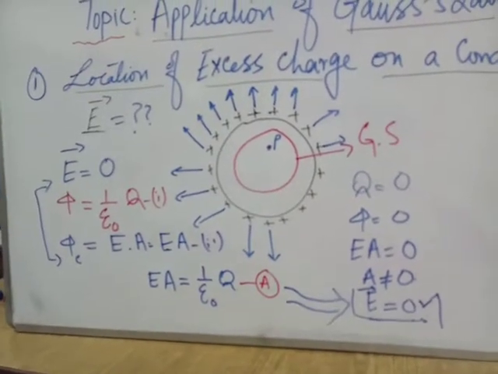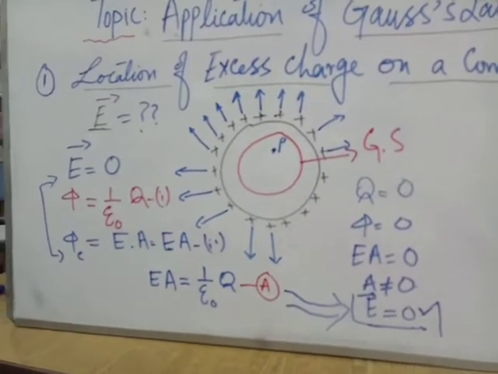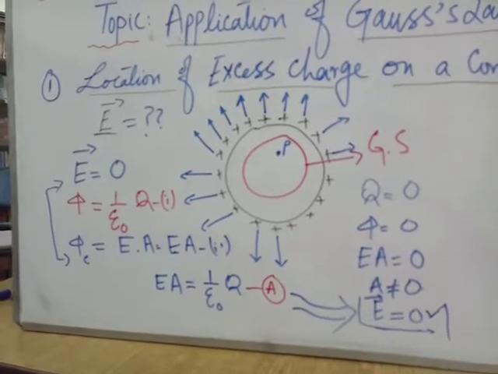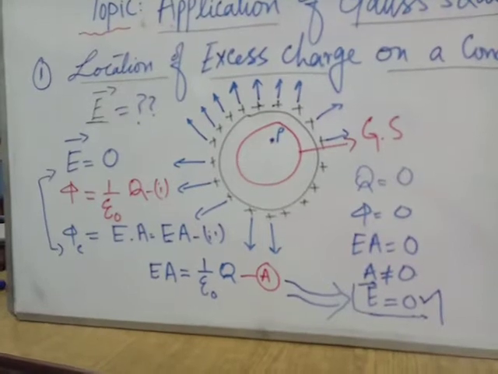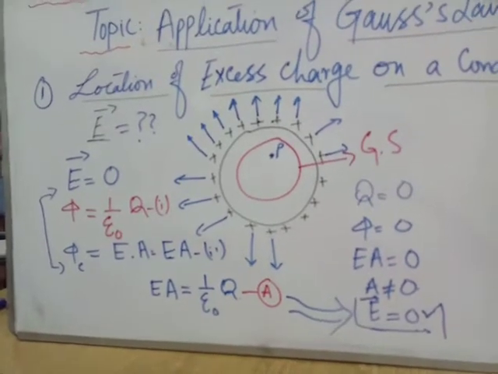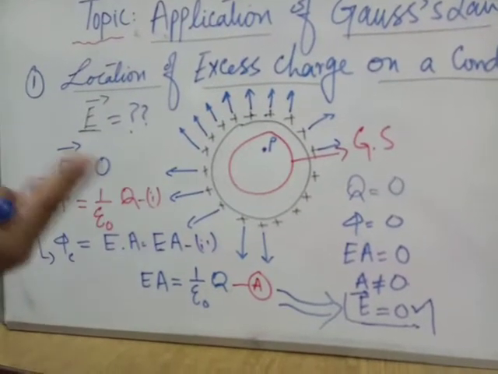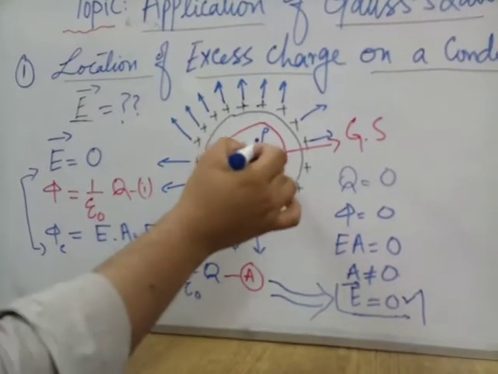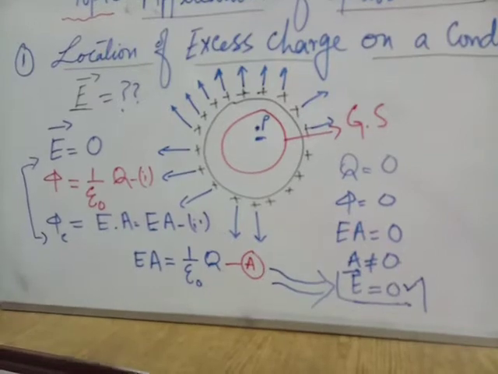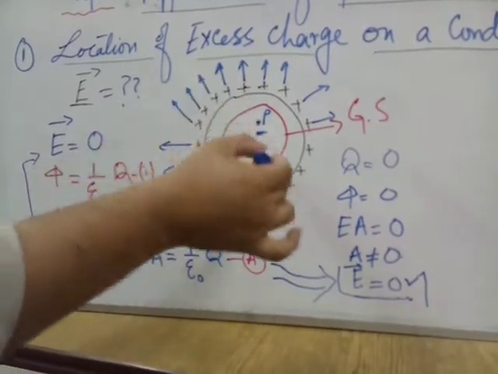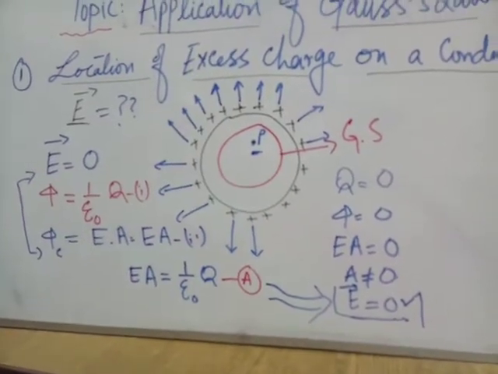So for any numerical problem or question given in ETA papers, when they say find the electric flux inside or electric intensity inside a hollow charged sphere, there will be no intensity because no field lines pass through that surface.